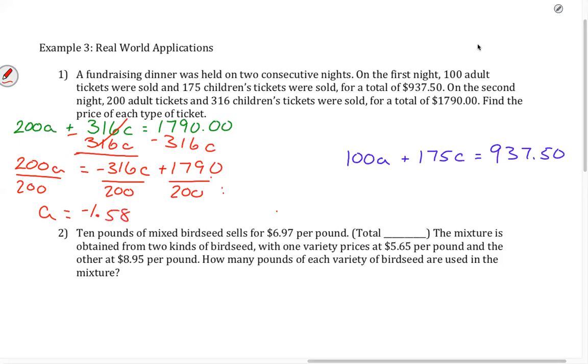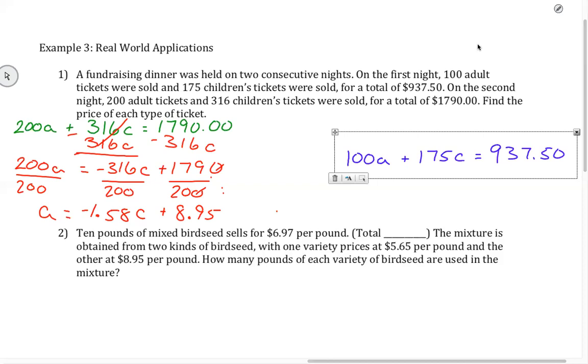Did I get that right? So negative 1.58C, and then plus 8.95. All right. So I got that.